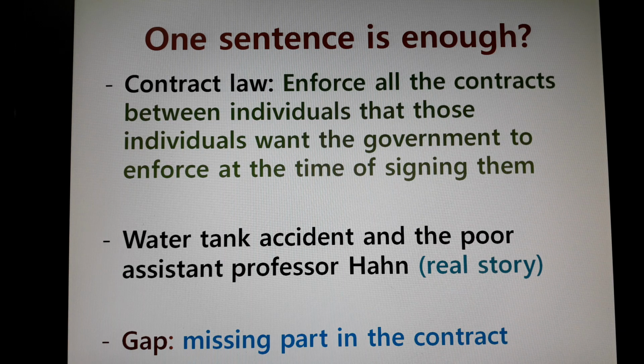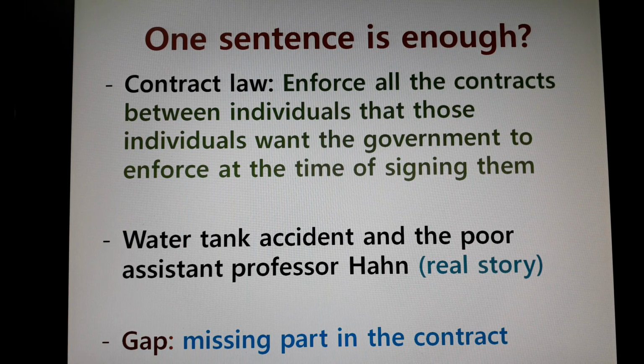That's it. They never mention that the water tank broke and Professor Han's computer is soaking wet. What if there is a fire and Professor Han's books are burned? What should the university do? What should Professor Han do? They never talk about that.